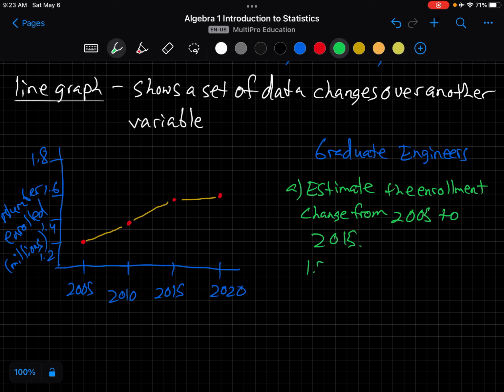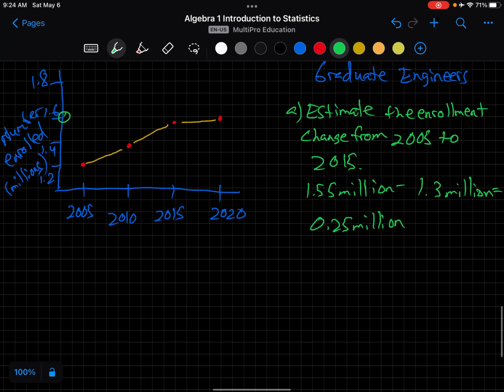And how many did we have in 2015? We had about 1.55 million. And then how many did we have in 2005? We had 1.3 million. So if we subtract these, we get 0.25 million. So that's about the change. Now we're estimating because these dots are not exactly lining up with a certain tick mark here on the left vertical axis.